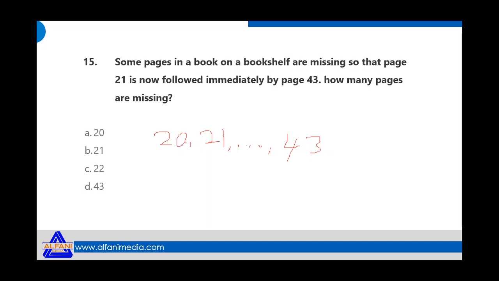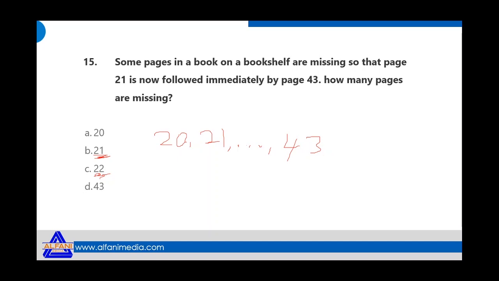Now the trick here is you might be tempted to subtract 21 from 43, which will give you 22, but that isn't the correct answer. But try counting from in between 21 and 43, and then you will see that the answer is 21.